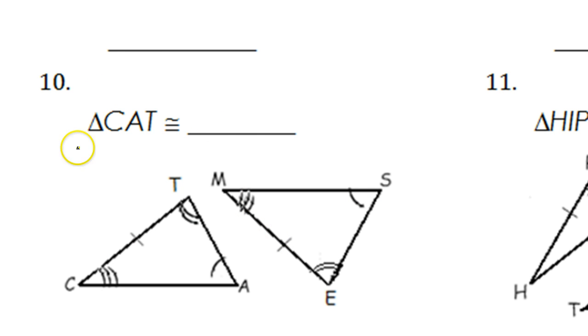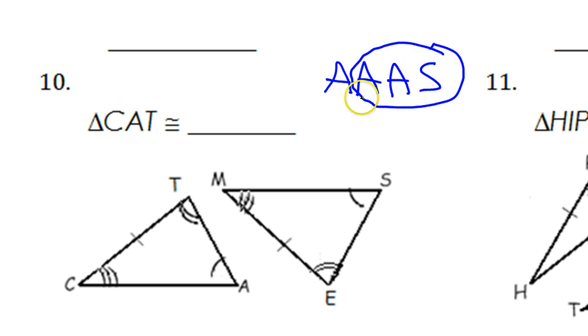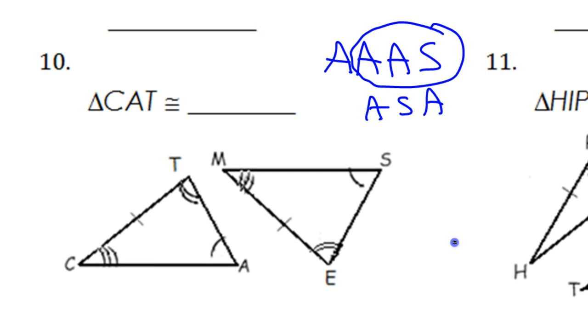So what we have is an angle, an angle, an angle, and a side. Depending on how it's set up, maybe we can get angle, angle, side out of it, or maybe we can do an angle, side, angle out of it. It just depends. So let's see what we can do with it.